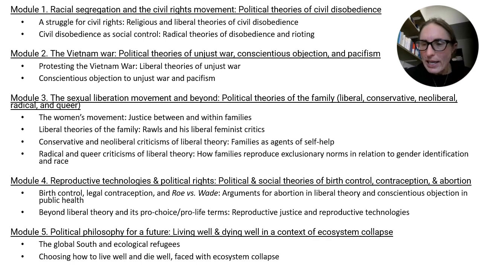And we'll look at the claims of the reproductive justice theorists about what we should really be striving to achieve in reproduction, what reproductive justice might mean, and how political institutions should be designed to permit this.